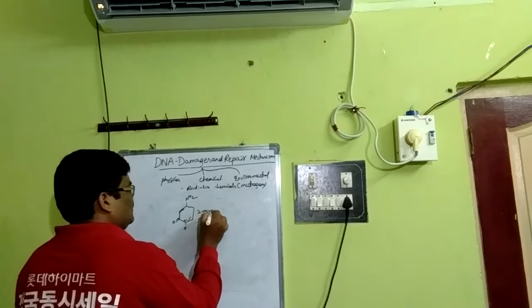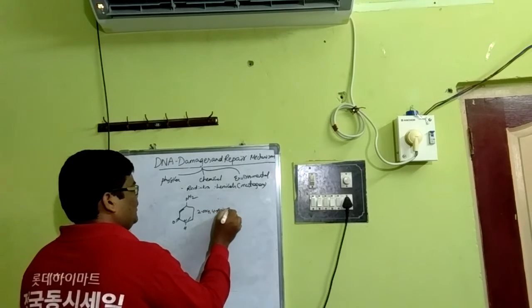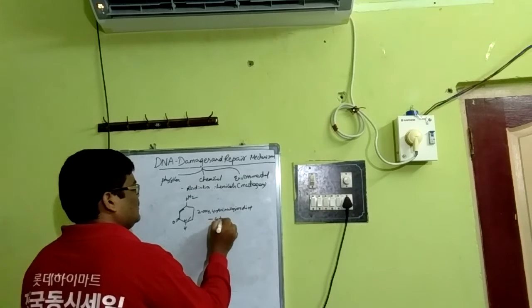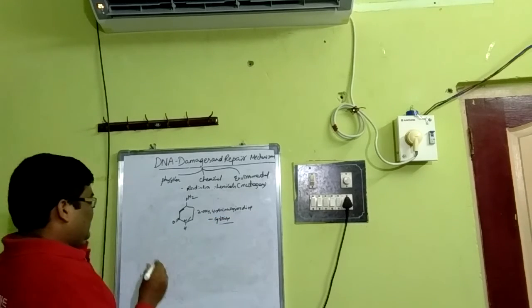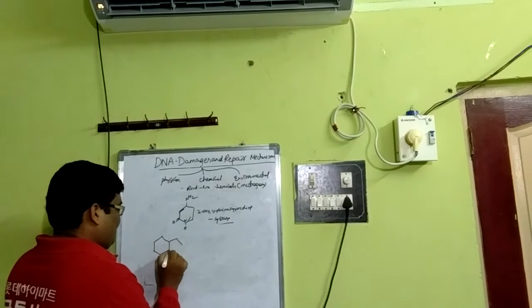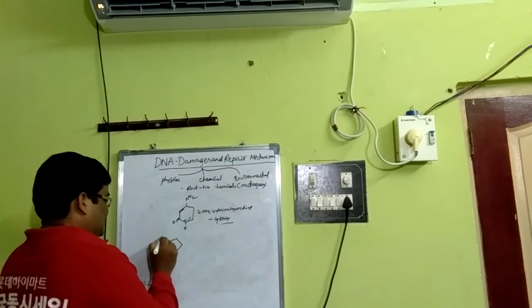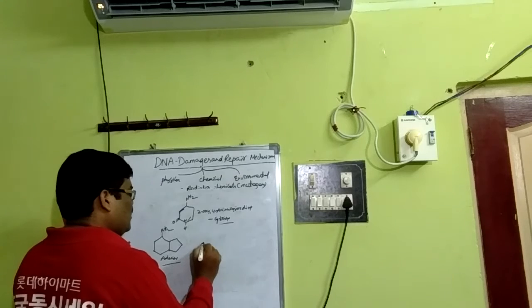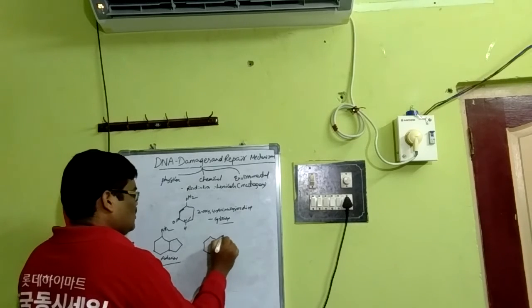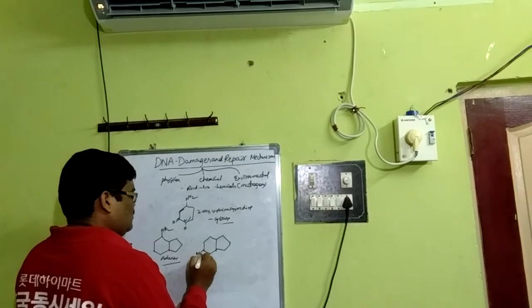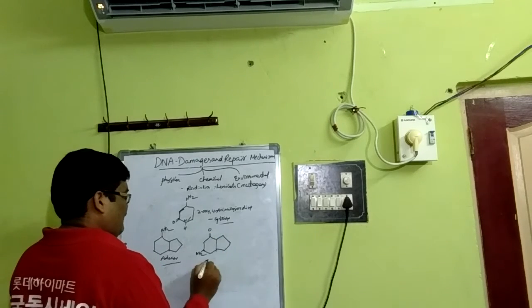Adenine is 6-aminopurine. And guanine is 2-amino 6-oxypurine.